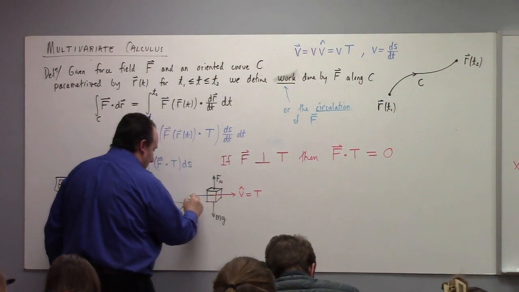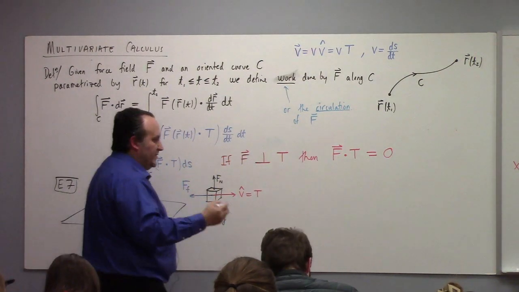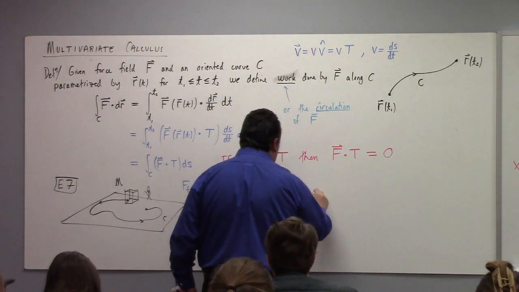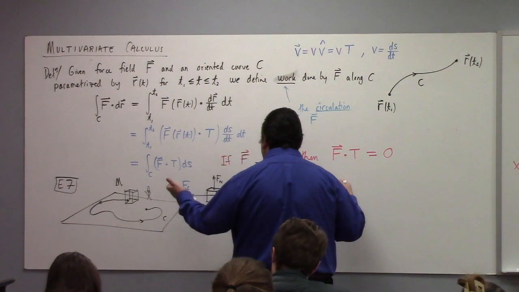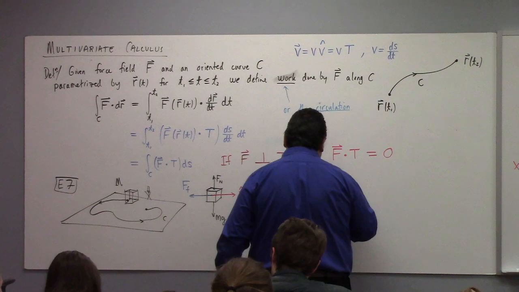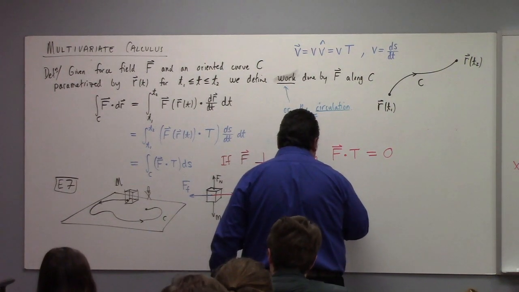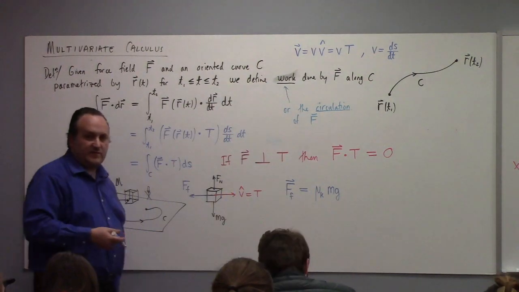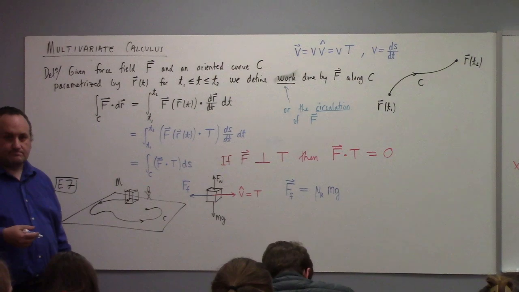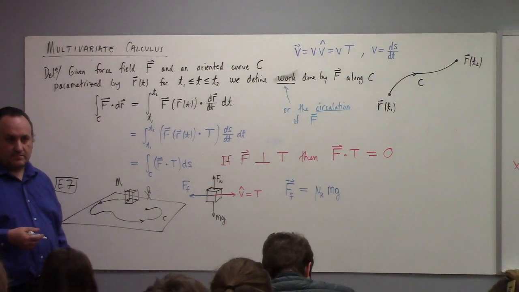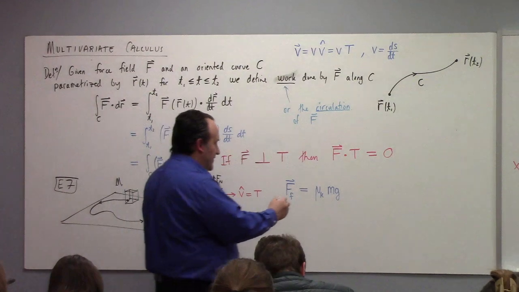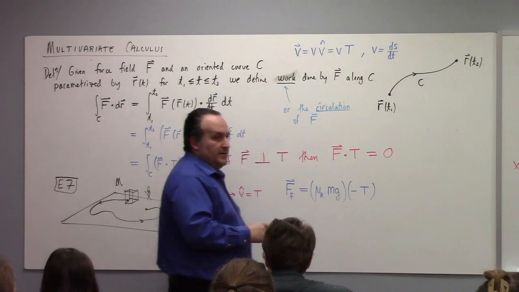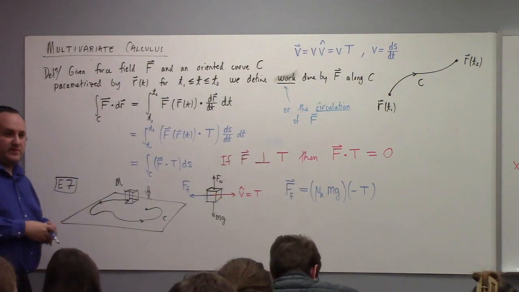This is my friction force. So what's the formula for the force of friction as a vector? It's mu sub k, because this is kinetic since we're moving, times mg, because the normal force is mg. That's the magnitude of the force. What's its direction? Opposite of T, so to give it a direction, we should multiply this by minus big T. That describes the friction force.